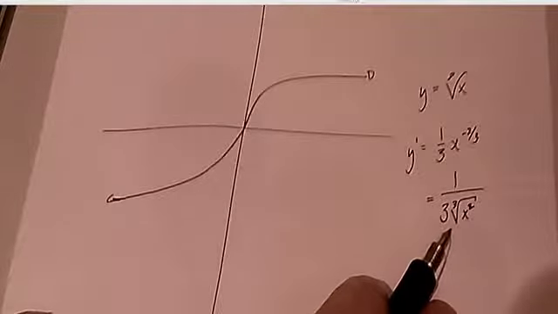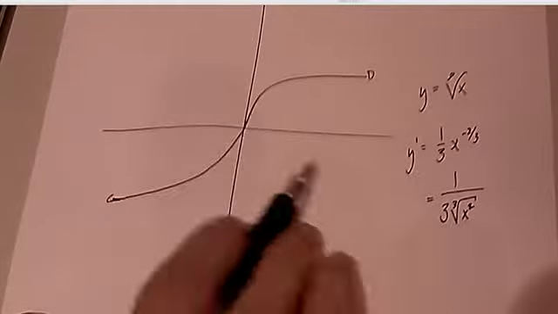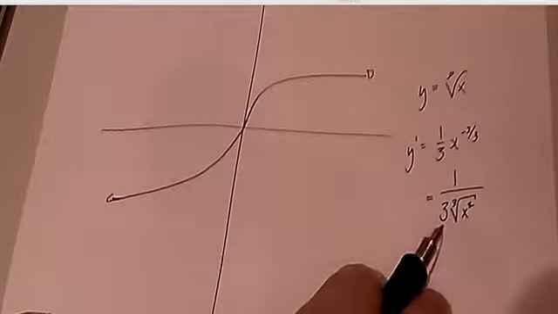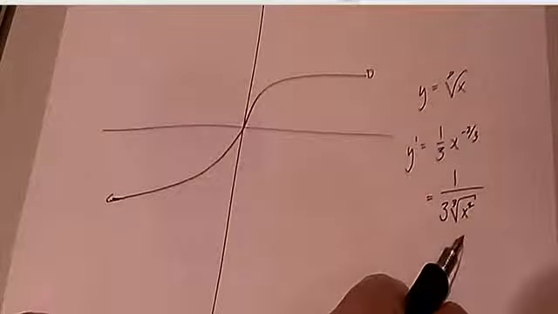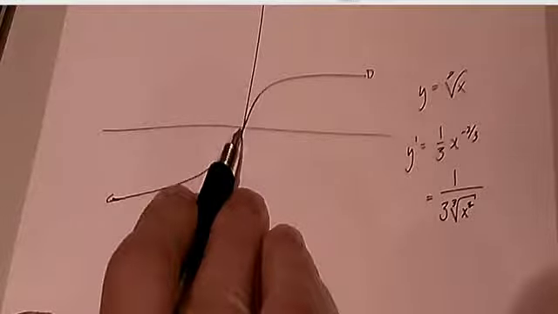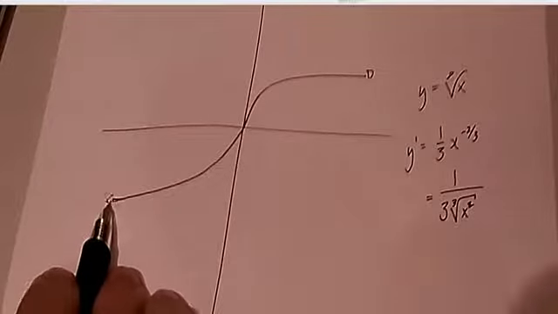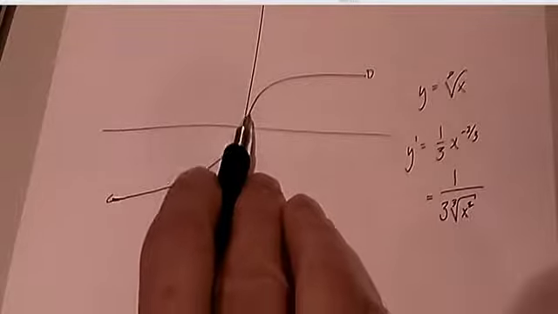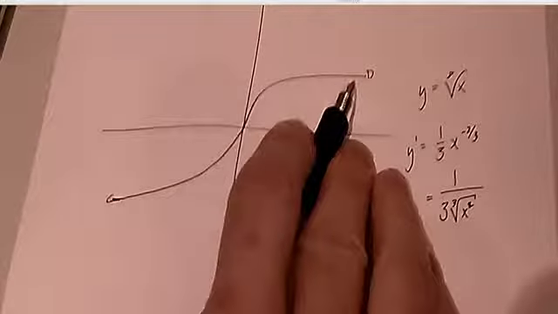Where is this undefined? Well, it's undefined at 0, because if you plug in a 0 right here, you get a 0 in the denominator, and therefore the derivative is undefined. So if the derivative is undefined, it isn't necessarily an extreme point either, because here the slope goes positive, positive, positive, positive, positive, undefined, positive, positive, positive, positive.